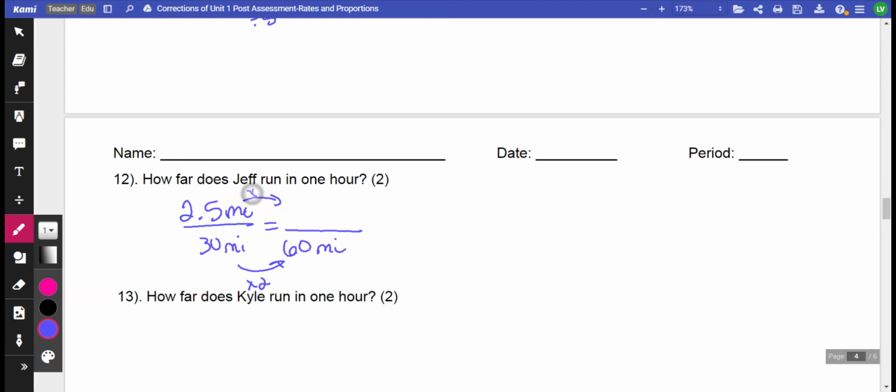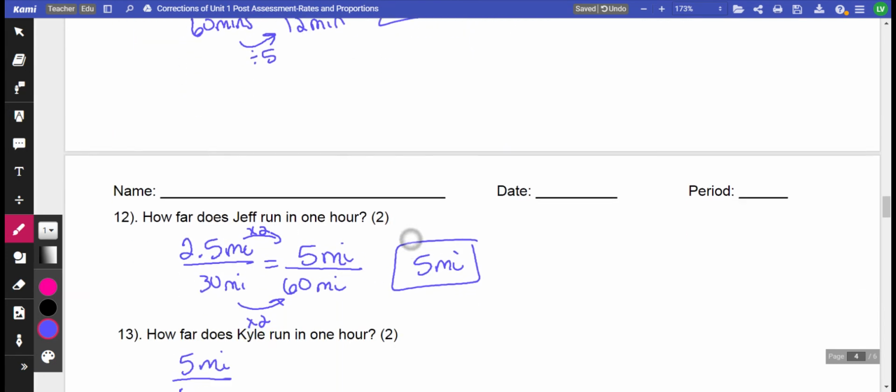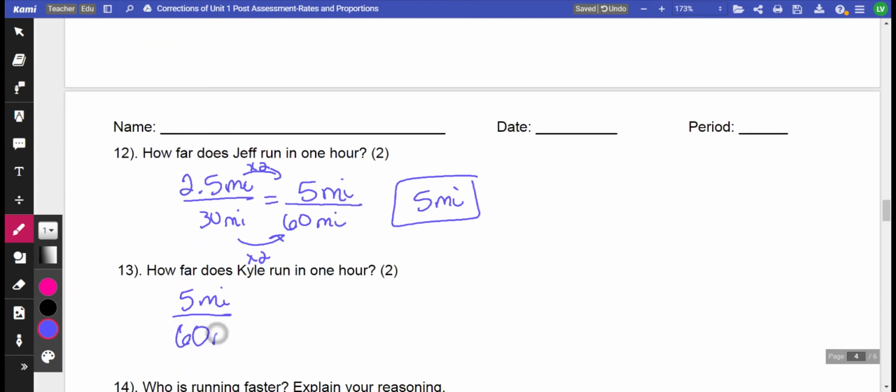If I multiply the denominator by 2, do the same thing to the numerator. 2.5 times 2 is 5 miles. Number 13, how far does Kyle run in 1 hour? Well, he had 5 miles in 60 minutes. I happen to know that 1 hour is 60 minutes, so there's no other calculation I need to do.